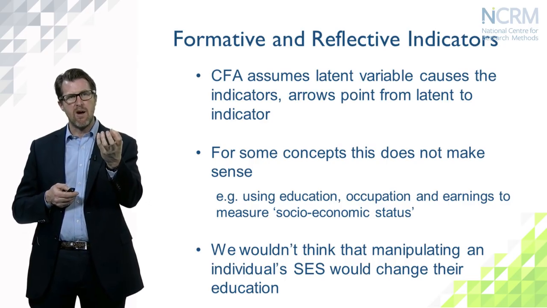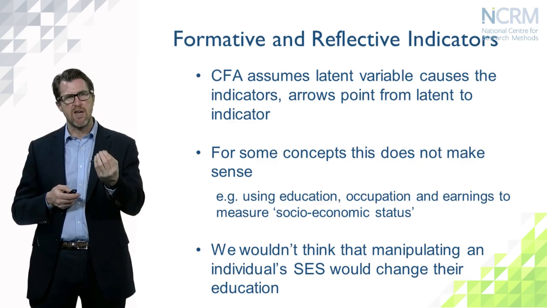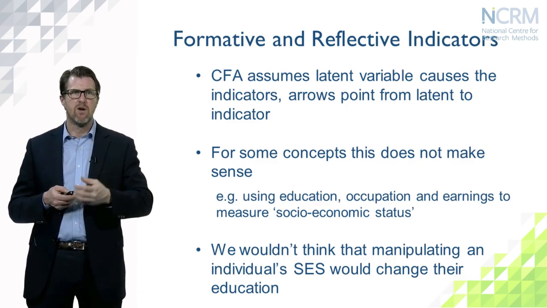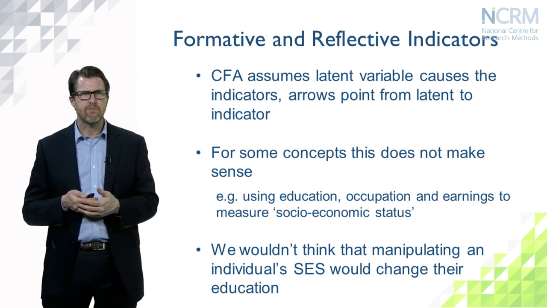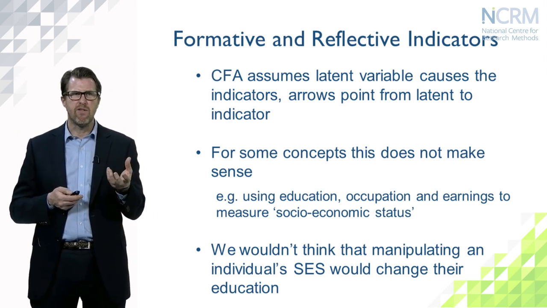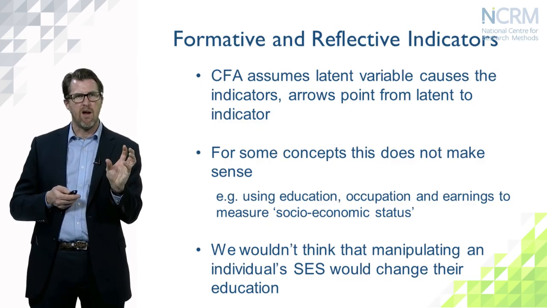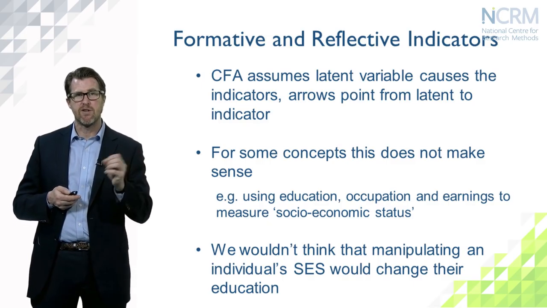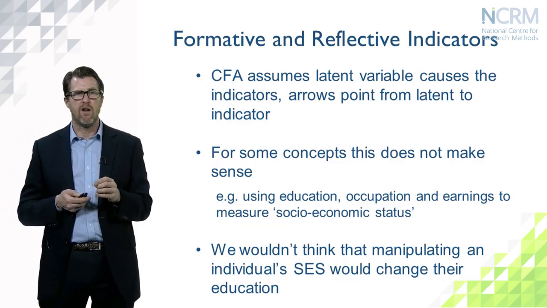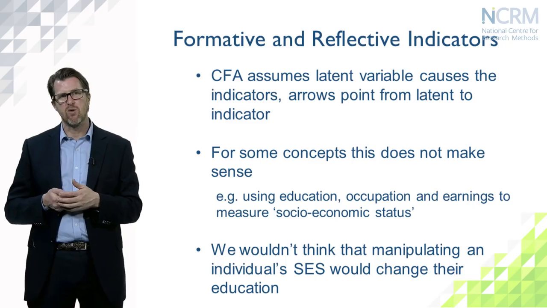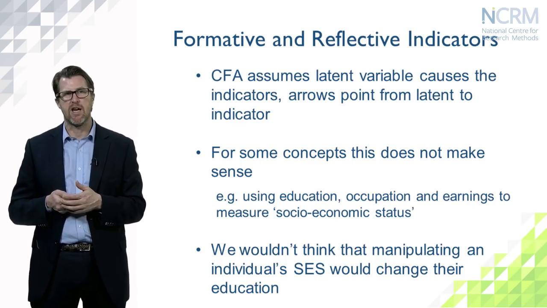So now we're in a situation where the causality makes more sense to flow from the indicator to the latent variable. So the key point here is whether, if we could somehow manipulate someone's score on the latent variable, it would make sense to change the score on the observed indicator.